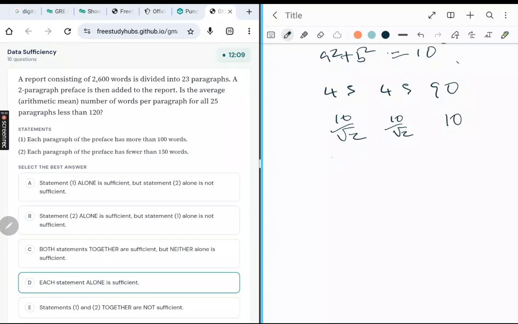So we have 2,600 plus, if we say, 100 plus 101, divided by 25, so that will be less. What if you add 1 million? It's no longer less. But if it is under 150, then it's fewer than 150. That one is sufficient.